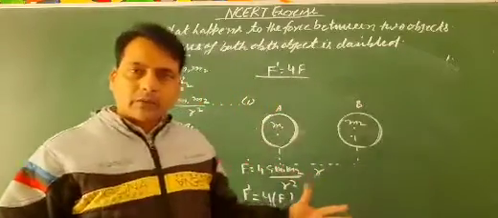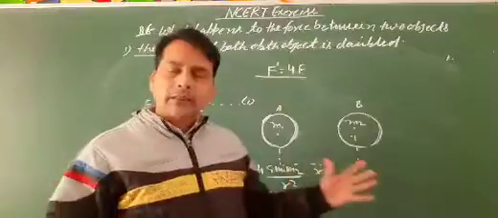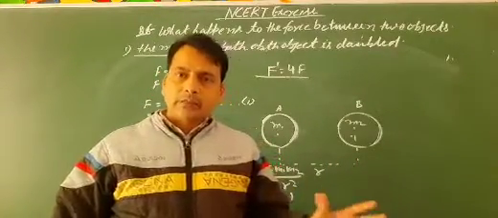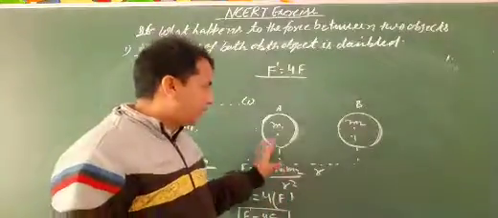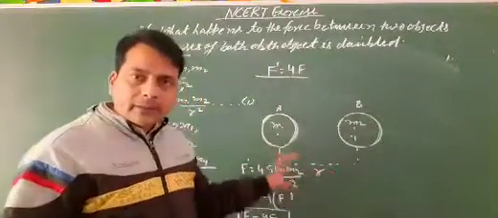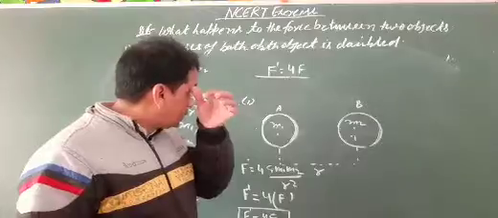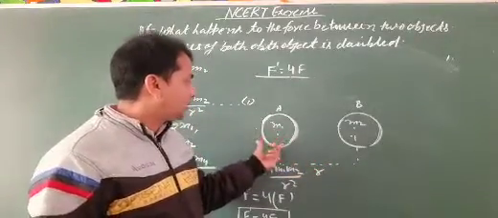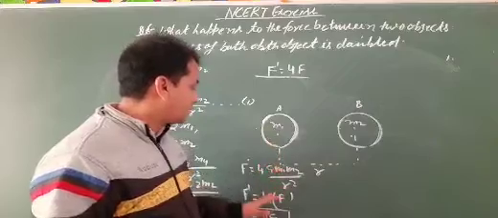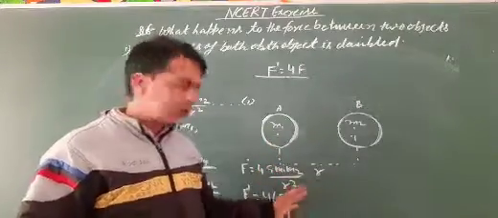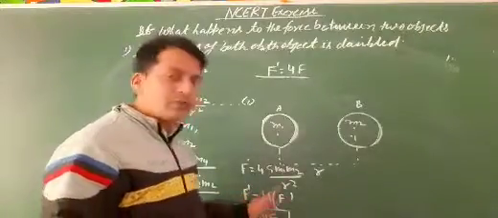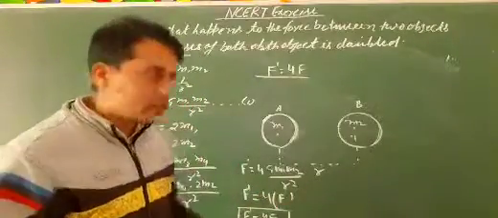If one quantity decreases, the other also decreases by the same amount. So in this situation, where both objects' masses are doubled, the product of the masses becomes 4 times, so the gravitational force is also 4 times the original gravitational force.